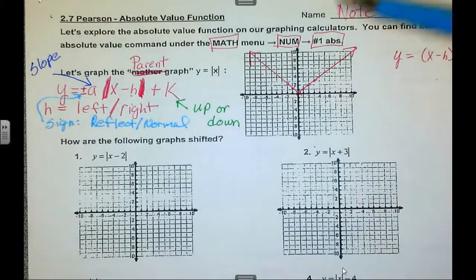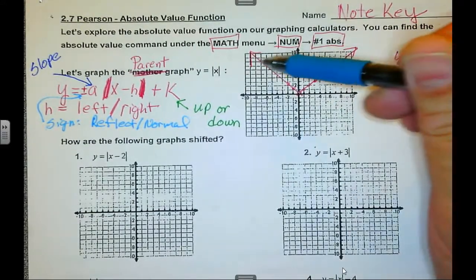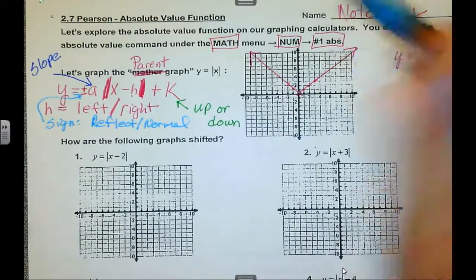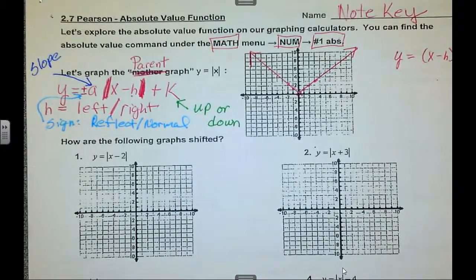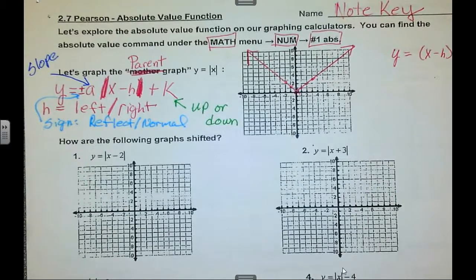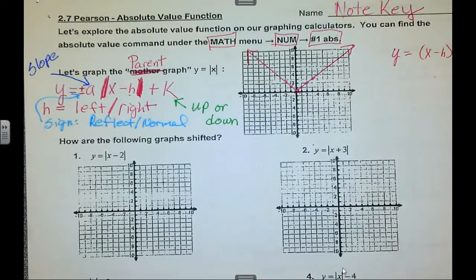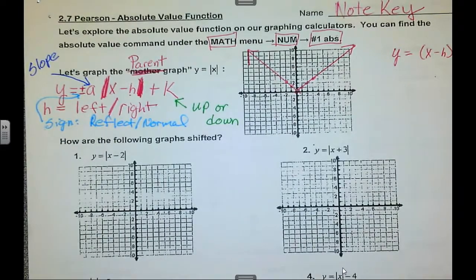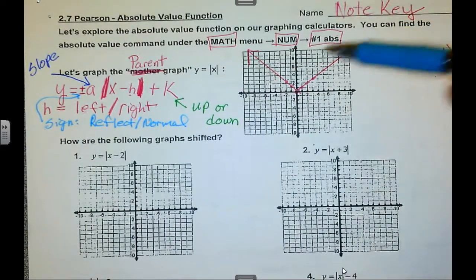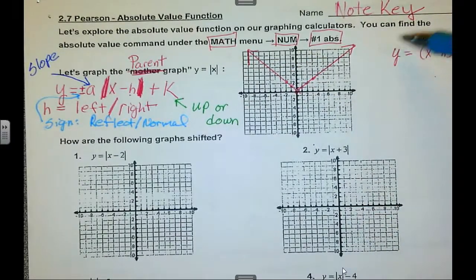No, this is normal. This is the parent graph of absolute value. Everything is normal. Everything that we do, and we'll probably do this all year long, describing the transformations are going to be compared to the parent graph.